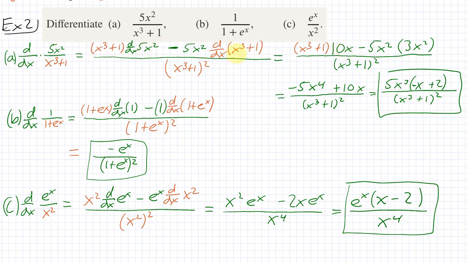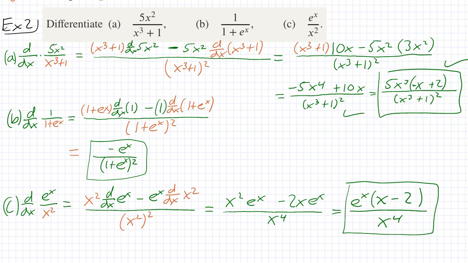The derivative of x cubed is 3x squared. The derivative of 1 is 0, so that just becomes 3x squared there. And then I multiplied everything out, and I factored it just to see if there was anything I could simplify. I don't think there's anything here to simplify, but it doesn't hurt to factor it. Either way, both of those answers are correct.